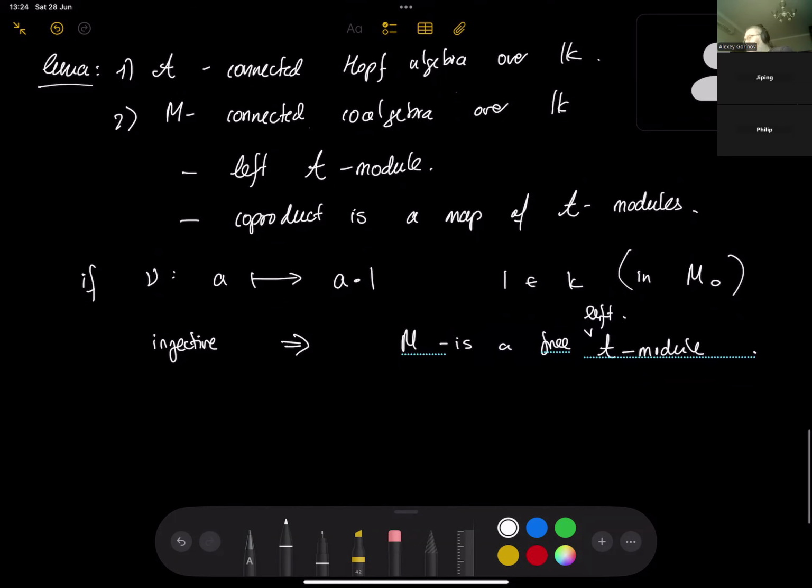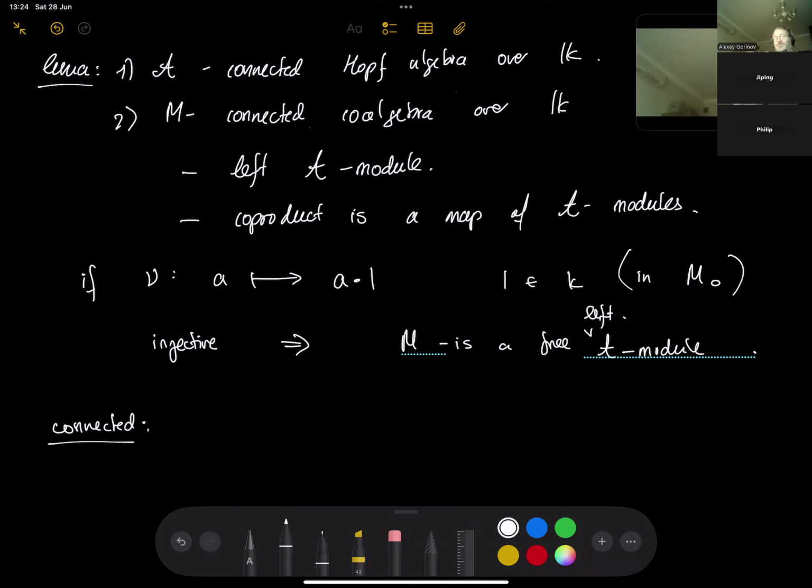Do you know what connected means? Should I define that? Yes. So connected means this. There's a co-unit map which goes from M_0 to the field K, and this has to be an isomorphism. So that's what connected means.